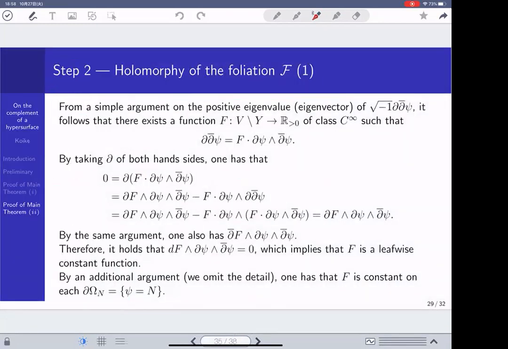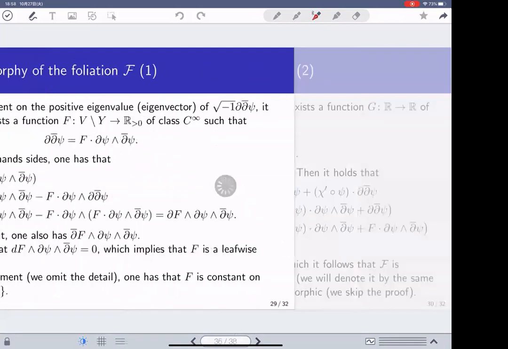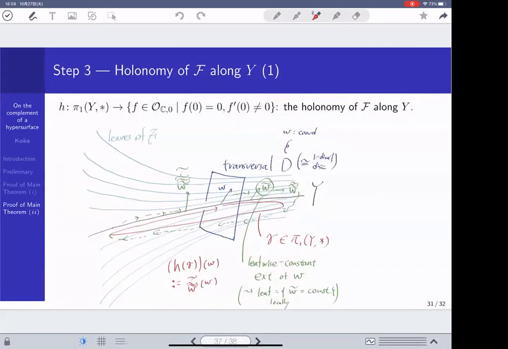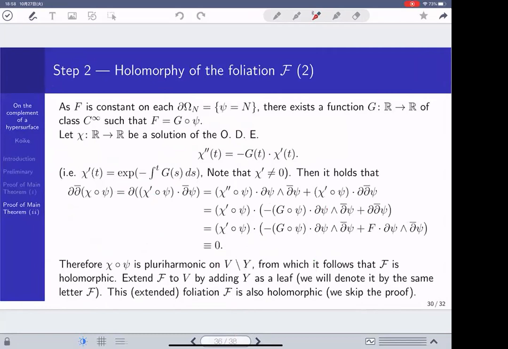Here I compute something in order to show the transversal holomorphy of the foliation F, but I skip it here. And also, the last part will extend F to V by adding Y as a leaf.